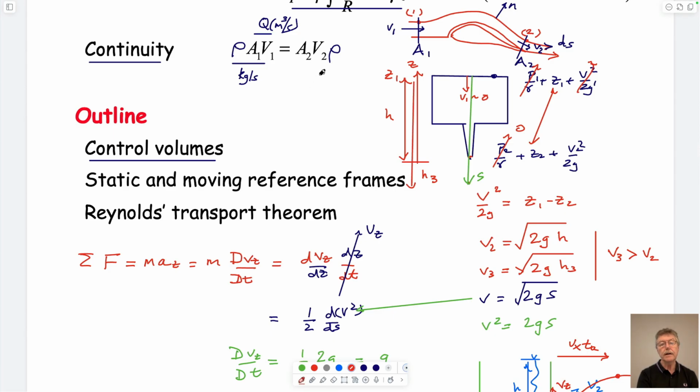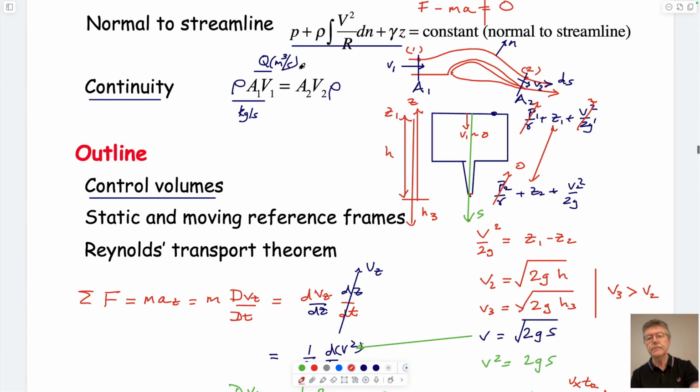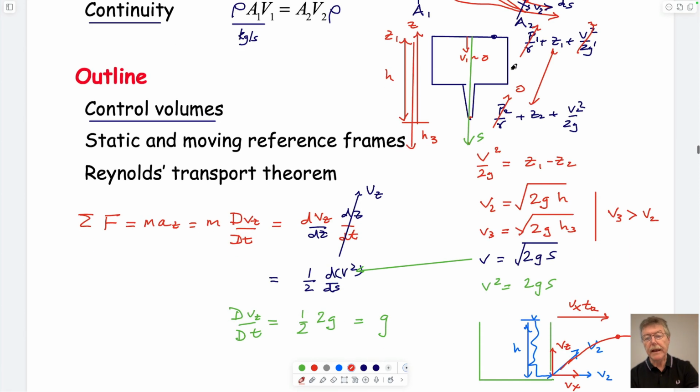If this velocity is increasing, then the cross-sectional area has to be decreasing because the volumetric flow rate or the mass flow rate across it has to be the same. And that just makes sense. This continuity relationship is what we'll talk about this week as well, but it was introduced last week. So along a stream tube, you can just define it. Okay? What else? Maybe too much math.